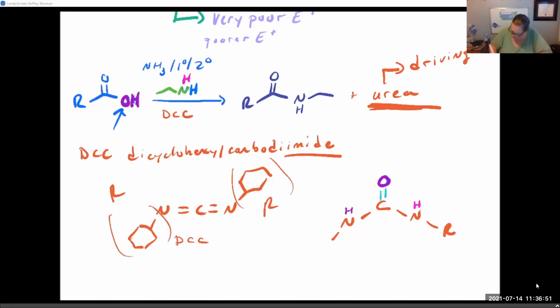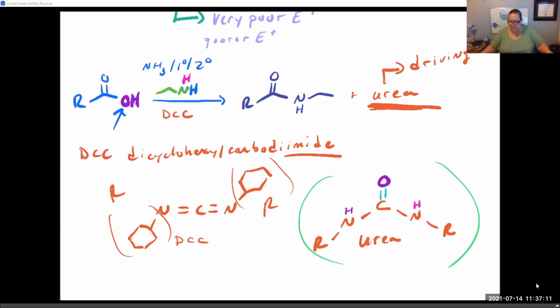There. And this is urea. So urea is another functional group. When you see this, this is a urea. You have a diamide. Diamides are urea.